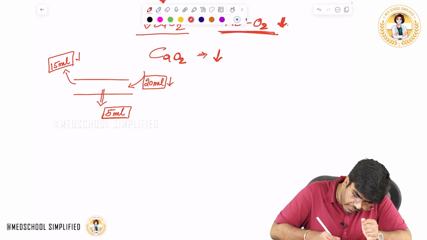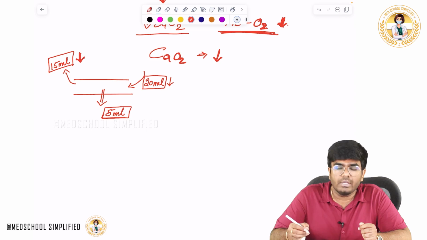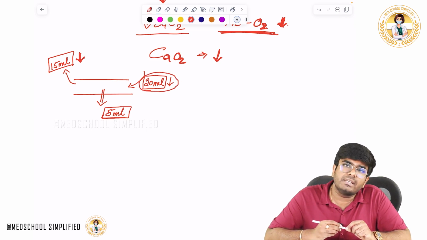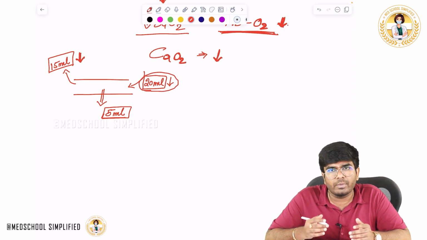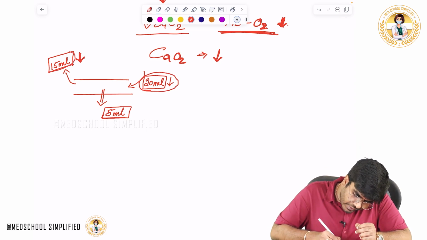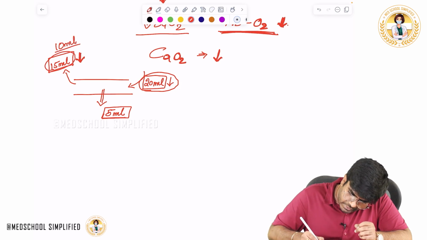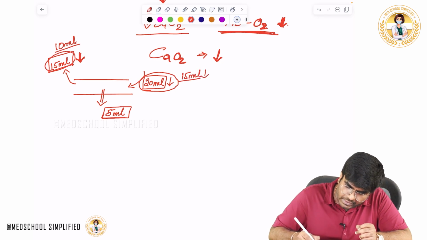It's not going to be 15 ml now. So the oxygen in the arterial blood decreases from 20 to maybe 15, and in the venous blood from 15 to maybe 10 ml. Both are decreasing.